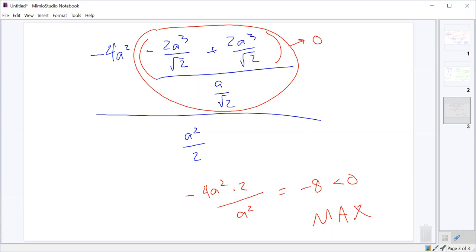So there won't be situations where a won't cancel out and you can't tell? Yeah, theoretically there could be a problem like that, but they won't do that to you on the AP test. They'll make it so that you can show whether it's a max or a min. For sure.